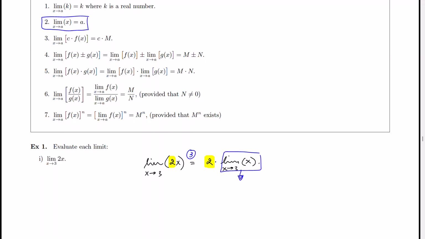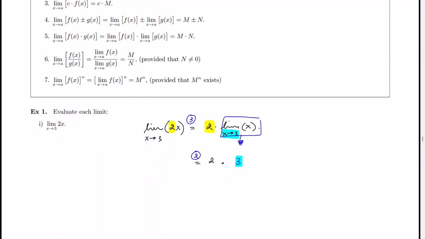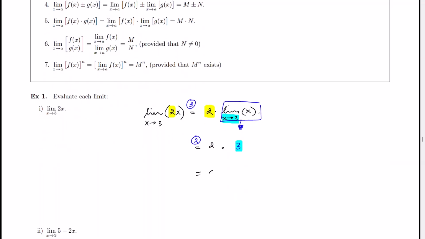So I'm allowed to rewrite this using rule number 2 as simply 3, because that's the number that x is approaching. I write everything else as 2 times the 3 that we get from the theorem, using part number 2 of that theorem. And finally, 2 times 3, we don't need any rules for that. This is just equal to 6, and we are finished with part 1 of this example.